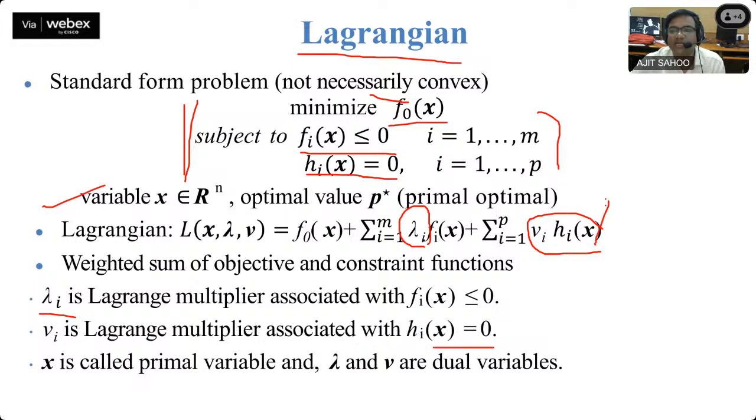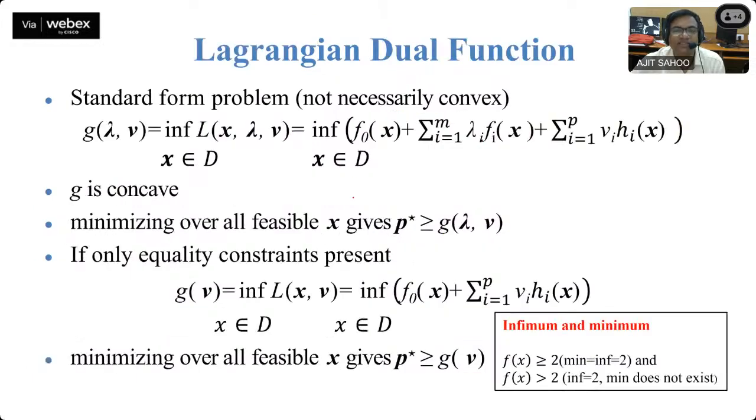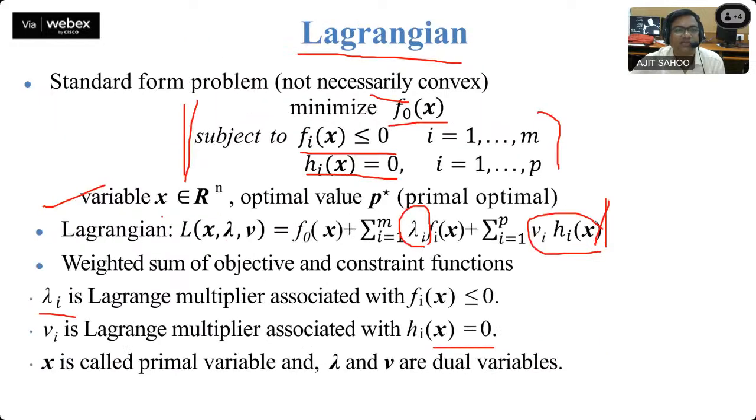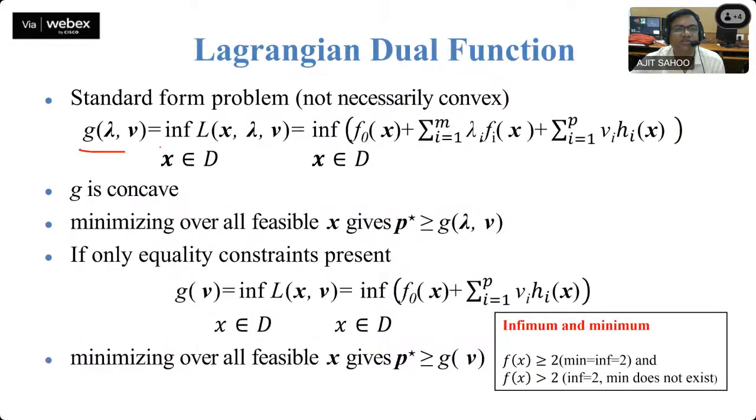So now you have first formed the Lagrangian. Then after forming the Lagrangian, you have to minimize it with respect to x. If you minimize with respect to x, you will get this type of expression.